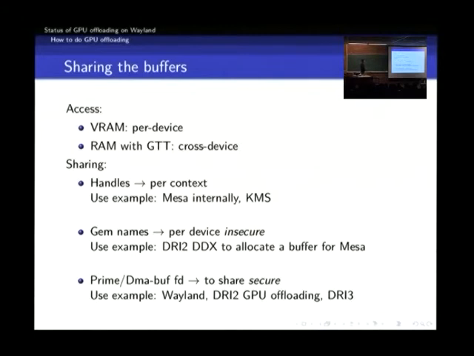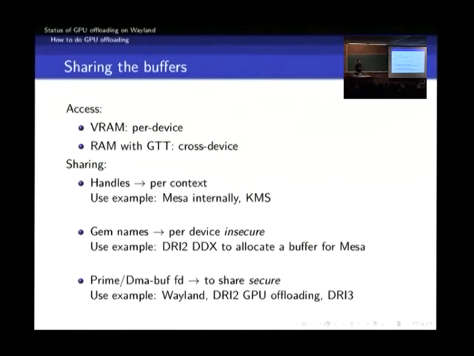To share buffers between different contexts or devices, there are several ways. First, you may know that devices, for example a dedicated card, have their own memory, its VRAM, which is only for your device.